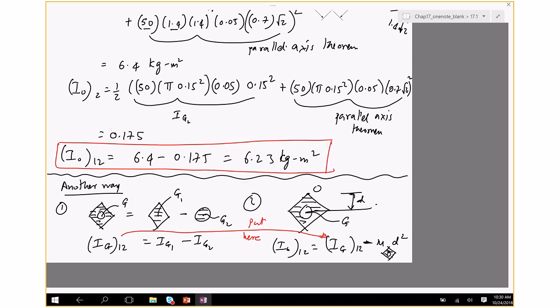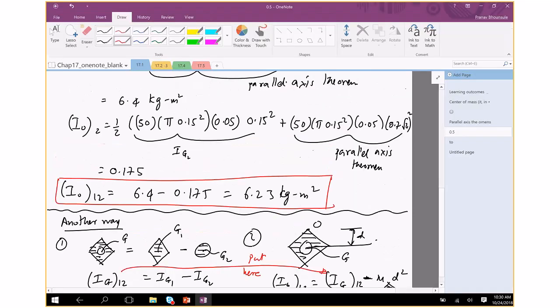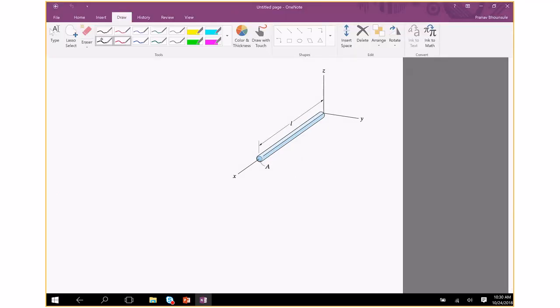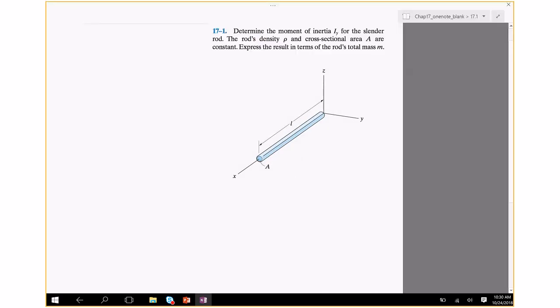Any questions? Okay, so let's see if we can solve this problem. Determine the moment of inertia Iy for the slender rod. The density is rho, cross-section area is A. Express the result in terms of mass m. Okay, so you're asked to find Iy.